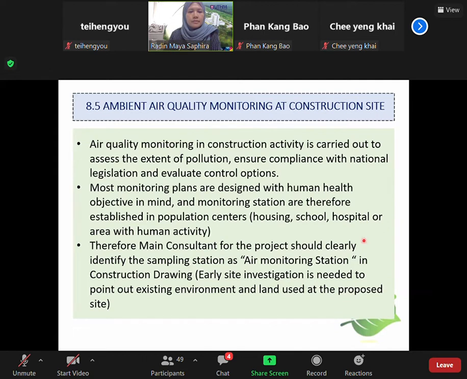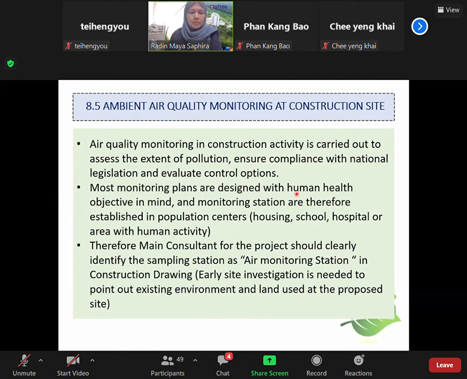And then next is about the ambient air quality monitoring at the construction site. Right? Okay, this is compulsory because as we know, during the construction process there are lots of activities that can give more, what we call that, dirt or pollutants in the atmosphere.